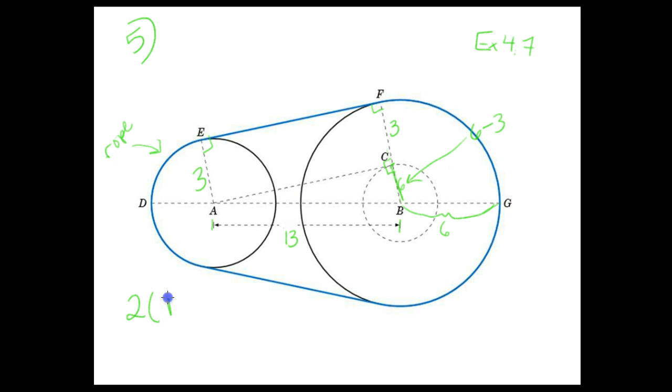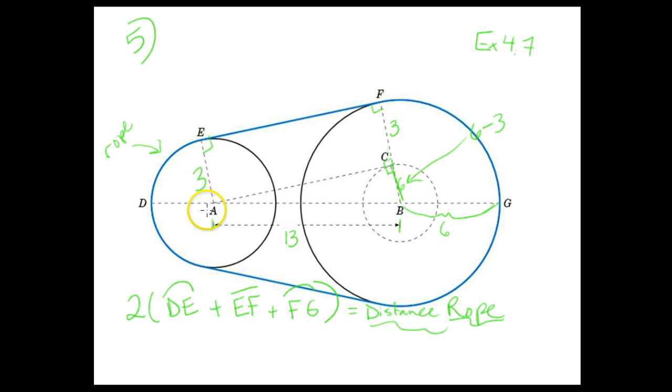I have arc DE plus distance EF plus arc FG, and I multiply all of that by 2, and that would give me the distance of the rope. So look at the example and see if that makes sense. You can always come and see me if you have questions about it.